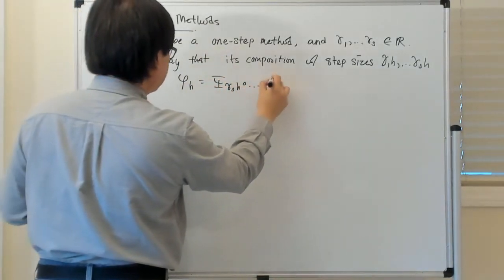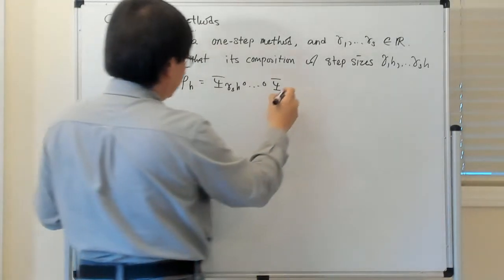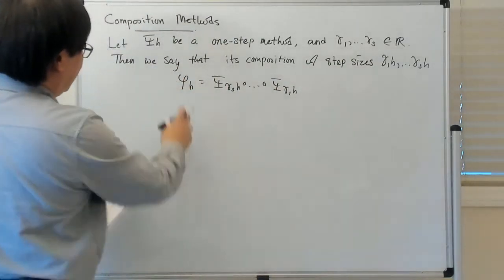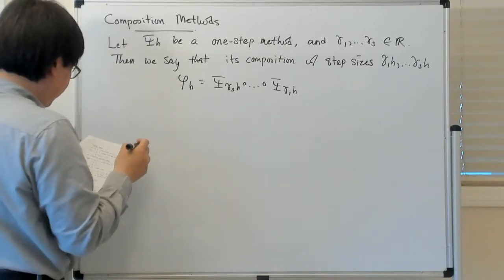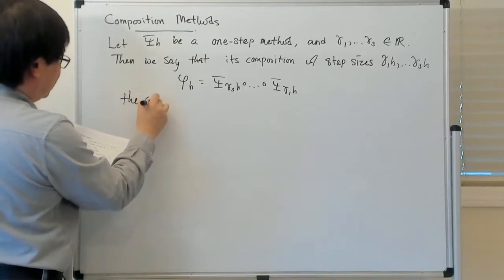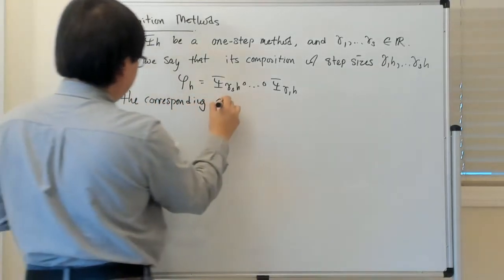So you compose this underlying one-step method with a whole bunch of different time steps, gamma 1h all the way up to gamma sh, and then you get a new method which we call a composition method. So this is the corresponding composition method.